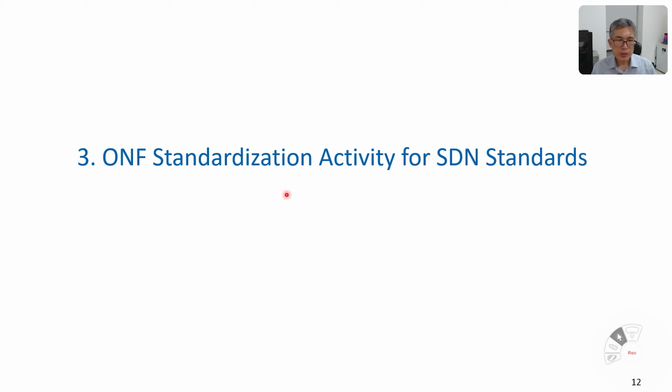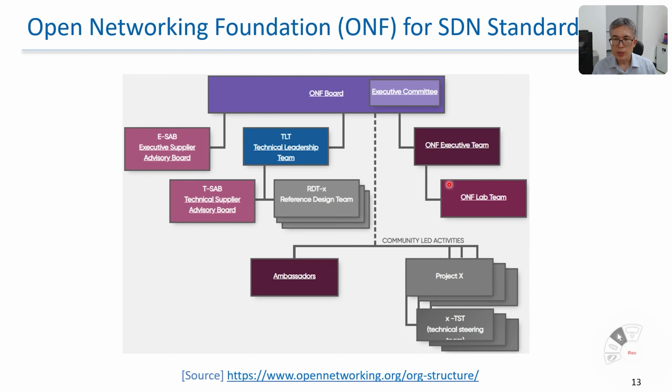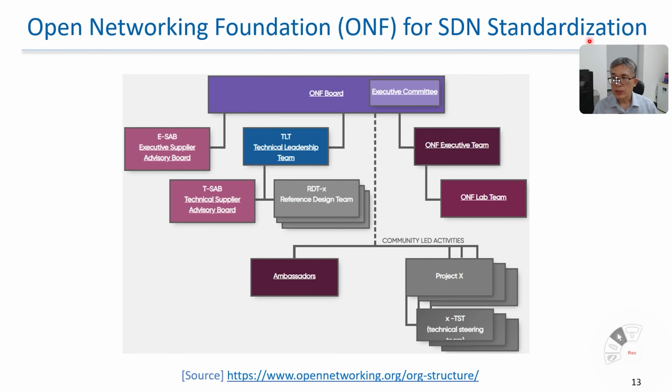The third section is about ONF standardization activity for SDN standards. SDN standardization is performed by ONF. ONF stands for Open Networking Foundation. This is a standardization organization. This figure shows the standardization body structure.